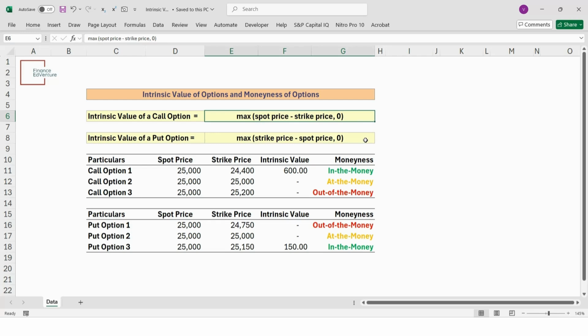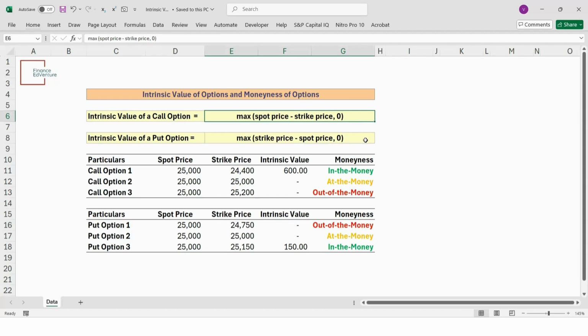What is the need to put a max of the difference comma 0? The intrinsic value cannot be negative, and therefore to put a floor to the value, which means the value does not show up as a negative value, we put a lower bound to it with a 0 in there, and that is the reason to put a max.